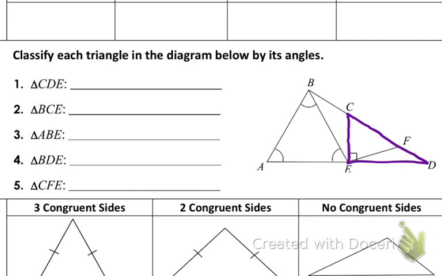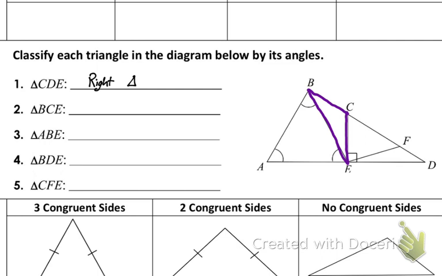Well, do you see how this has a right angle here? So we're going to call this a right triangle. Now, if I had my pencil, I'd erase it, and I'd go to the next one. The next one says BCE. Your job is just to find B, trace it down to E, and then go back up to C. So they tell you the order to do it, just like with an angle, how they tell you what angle to do.